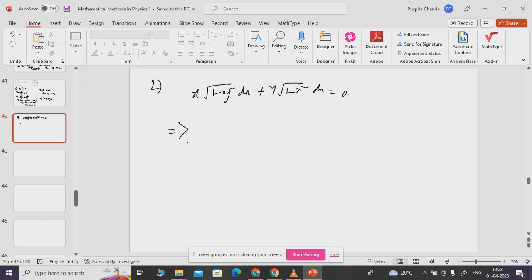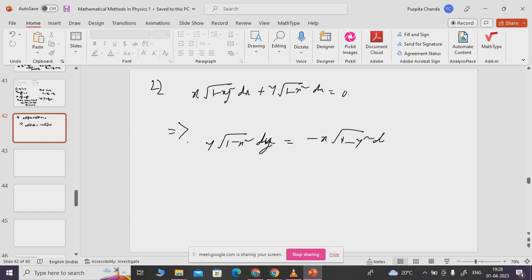x root over 1 minus y square dx plus y root over 1 minus x square dy is equal to 0. We need to make x components with dx and y components with dy.